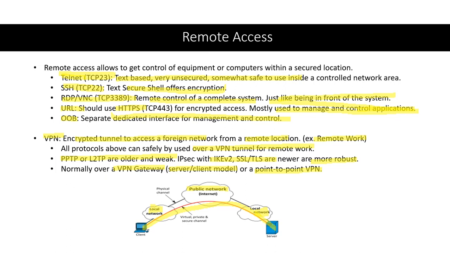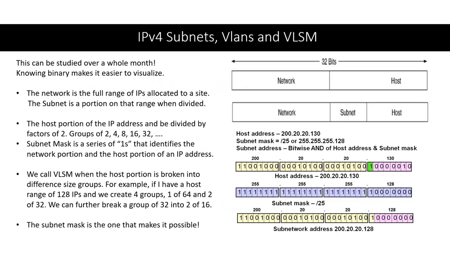To create a point-to-point VPN, you can have client to server, and at the server side you'll have that VPN gateway, or a point-to-point where two business locations can connect to each other through a VPN, and all the transactions they do are protected from anybody tapping into your network.